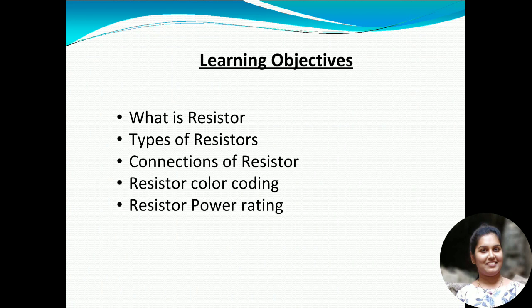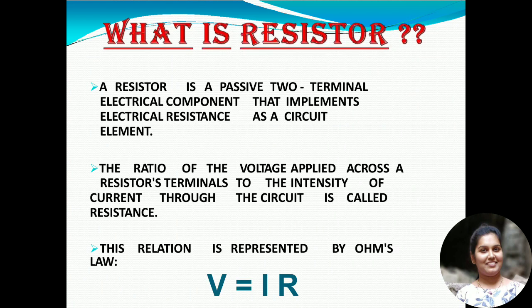Now let's start learning the first point, that is what is meant by a resistor. A resistor is a passive two-terminal electrical component that implements electrical resistance as a circuit element.